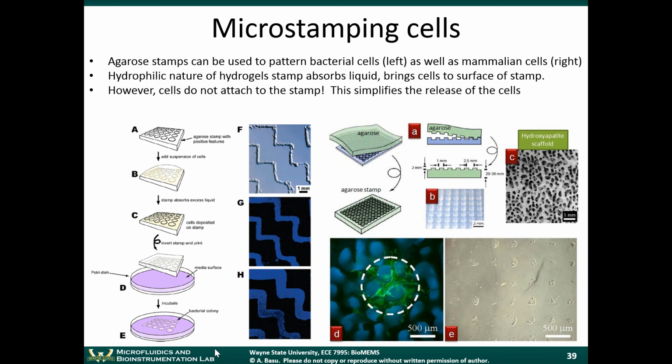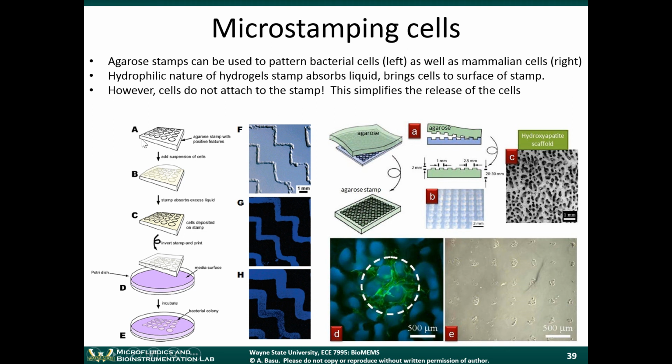This slide talks about microstamping cells. So in this case, agarose stamps are being used to pattern bacterial cells as well as mammalian cells. We mentioned agarose stamps in last lecture and a few lectures earlier. Agarose is a hydrogel.